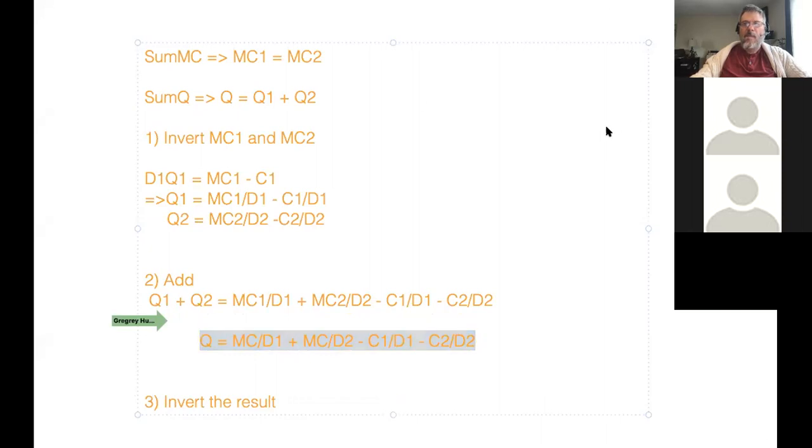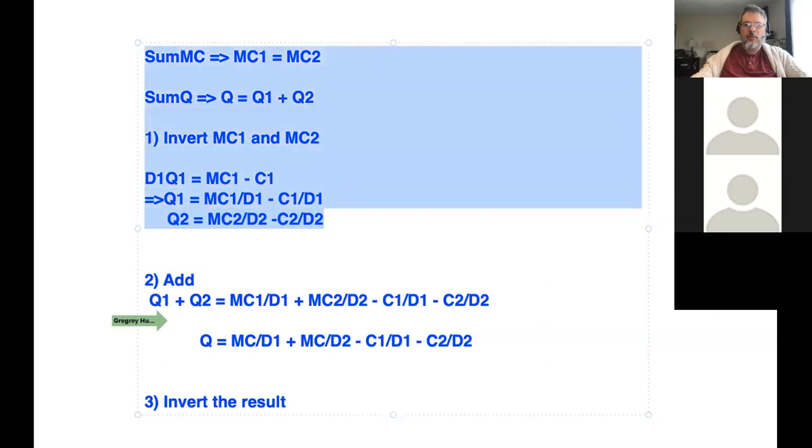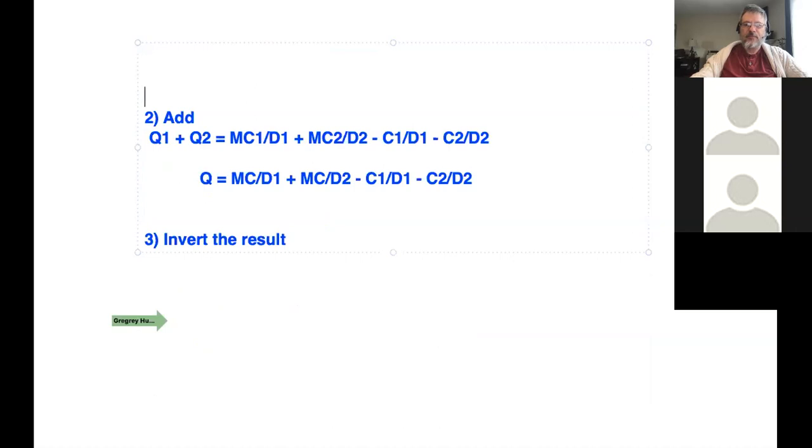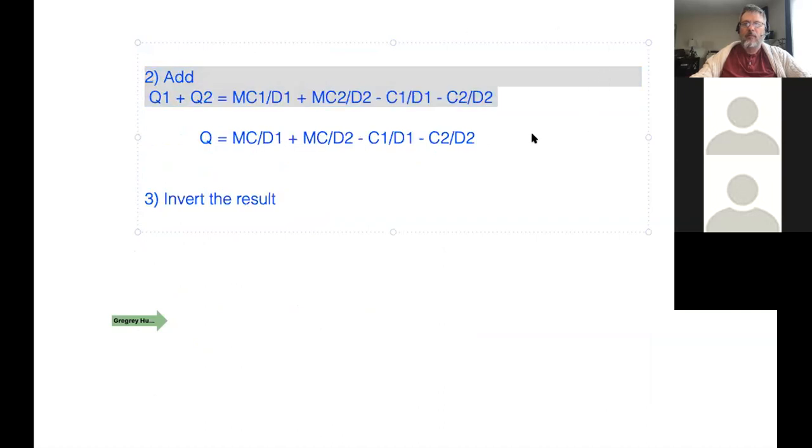I didn't want to bold the whole thing, but that's okay. I only wanted the bold part of it, but it won't let me. So anyway, that's fine. Our last step is to invert this result.